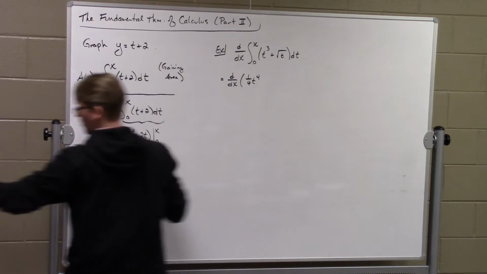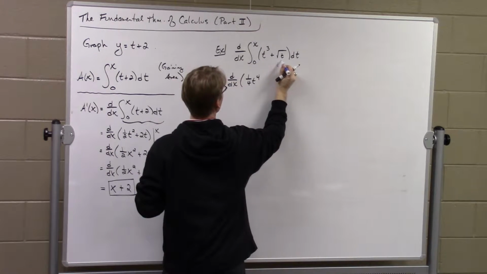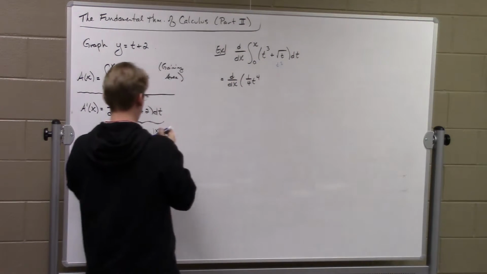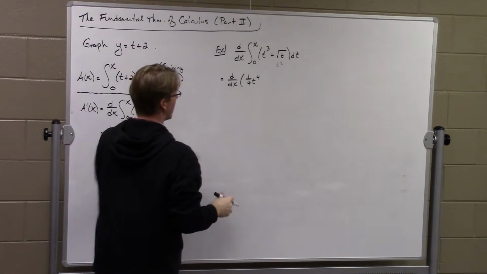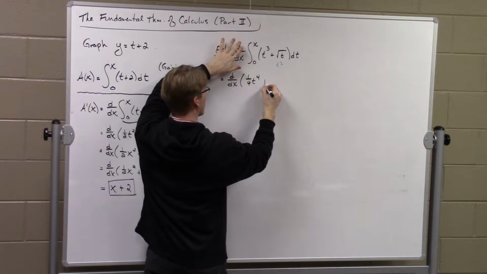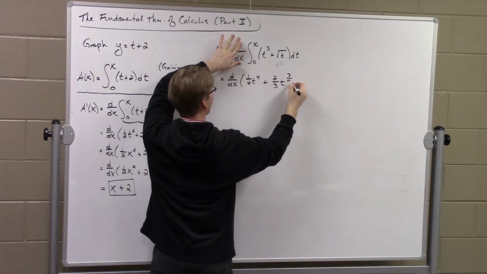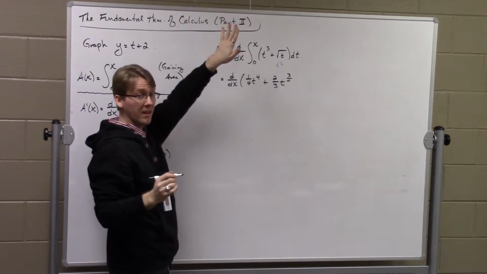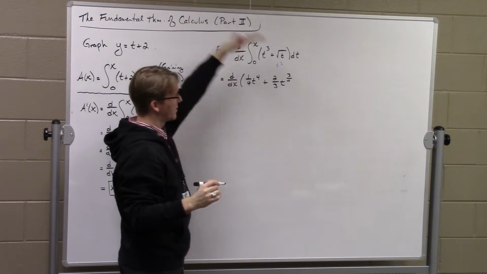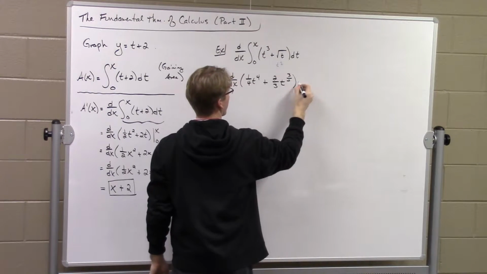Think of it as t to the 1/2. So then it's 2t to the negative 1/2. Antiderivative, no, it's 2/3 t to the 3/2. I couldn't remember if it's 2/3. Raise to the power plus 1, divide by the new power or multiply by the reciprocal.